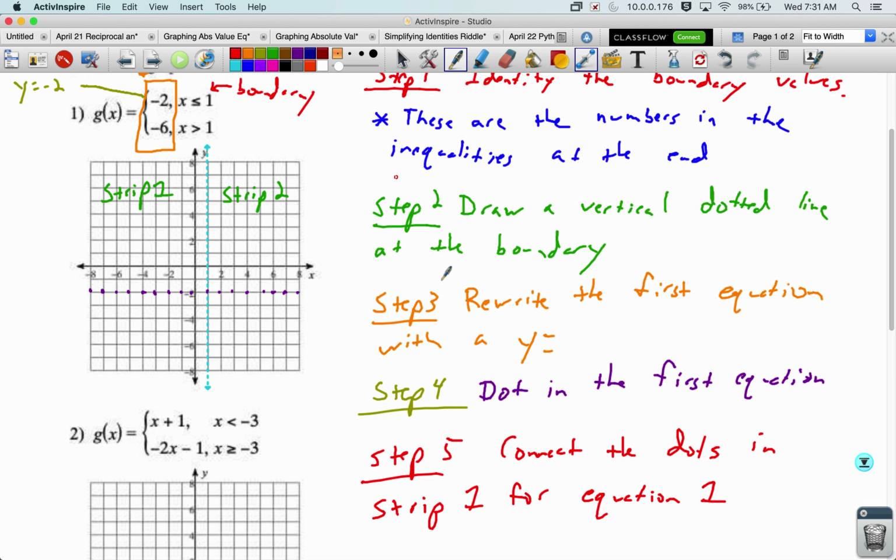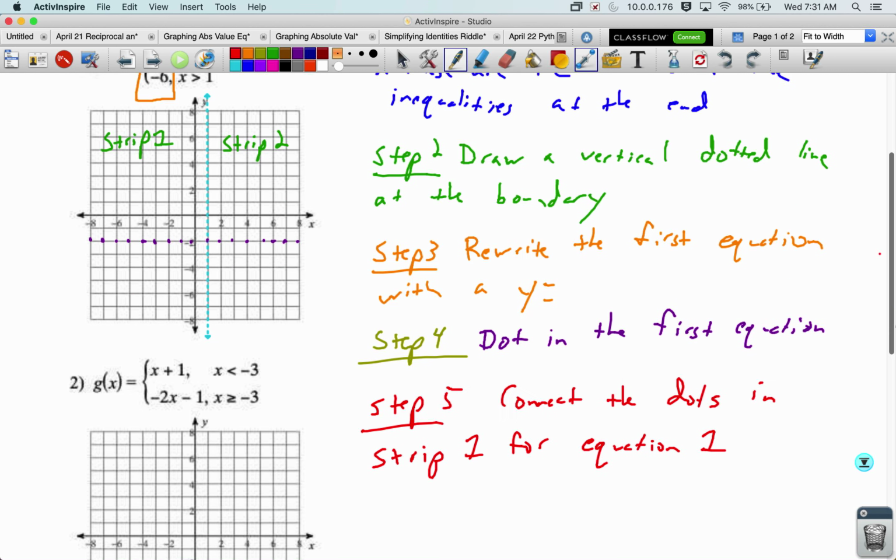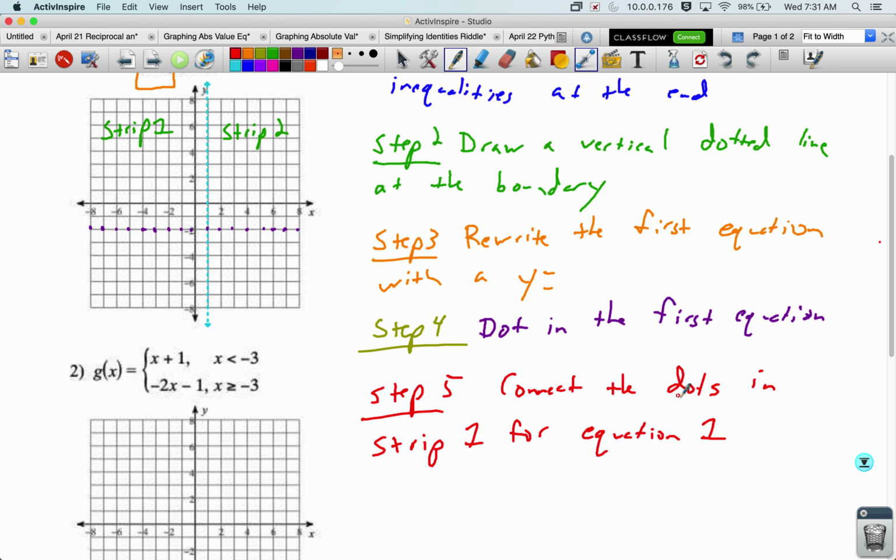And so just so you know, when we get to equation 2, that will only connect the dots in strip 2. If there was an equation 3, we would only connect the dots in strip 3 there. So here's the dots. We're going to connect only these ones over here, and we're going to ignore these dots over here. And this strip keeps going off to the left, so I'm going to add an arrow on this side, but no arrow on this side. All right.